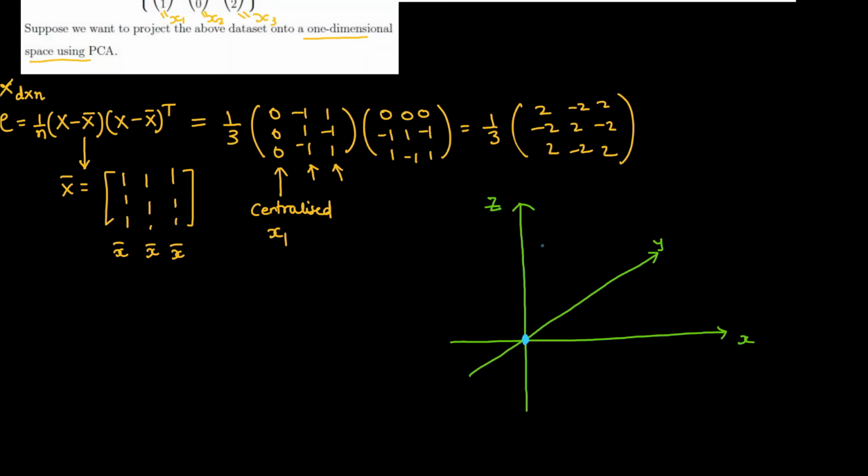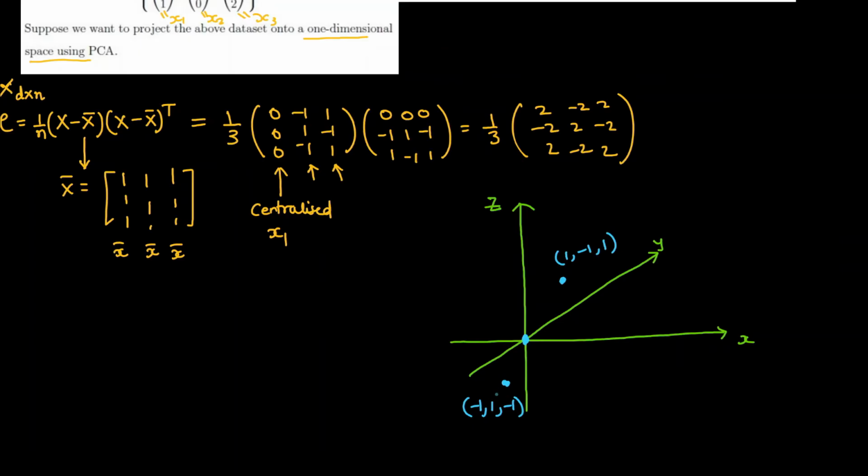It is at a point where x is minus 1, y is 1, and z is minus 1, which means it is somewhere here. And centralized x3 is nothing but the negative of that, right? So it's lying somewhere here. This point is minus 1, 1, minus 1. This point is 1, minus 1, 1. And this is definitely the origin.